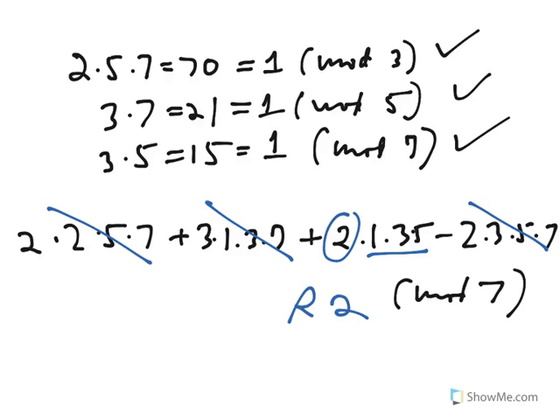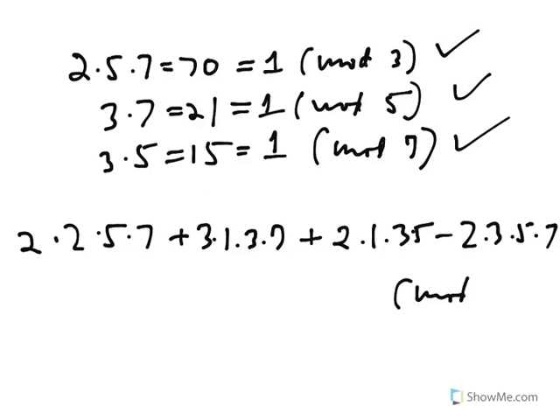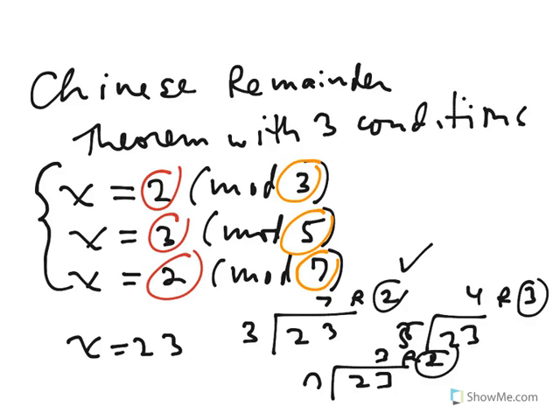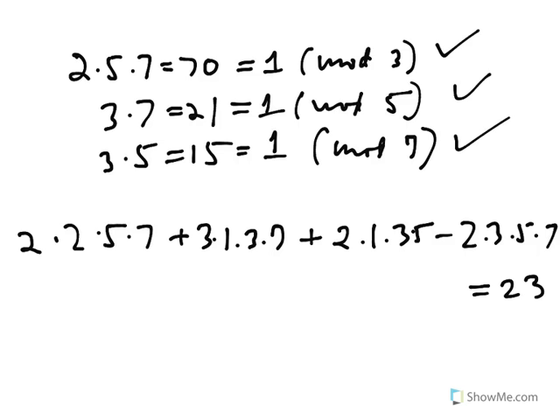So it would be remainder 2. And just so you know, this big expression is actually equal to 23, which is the answer to this warm-up question. So the question is, how would I produce an expression that looks like this?